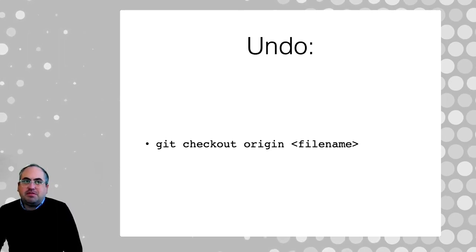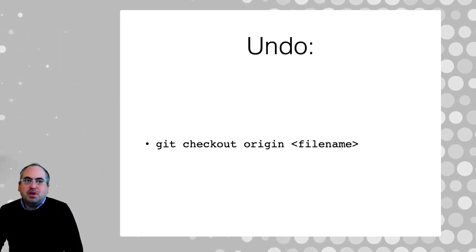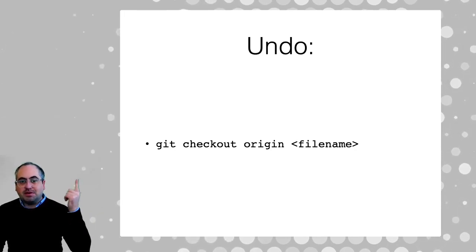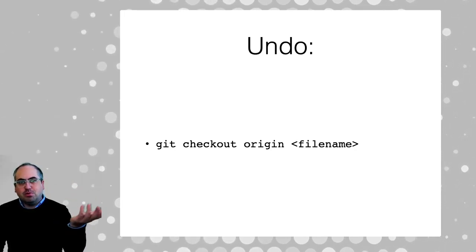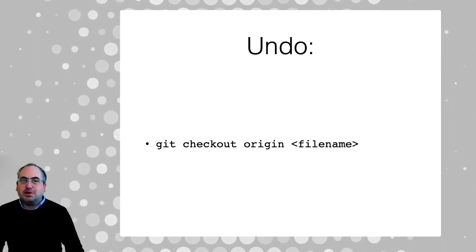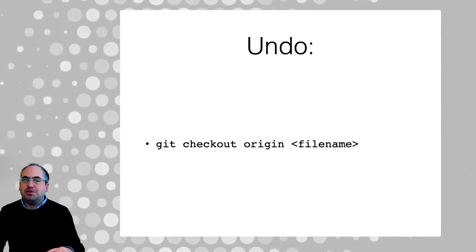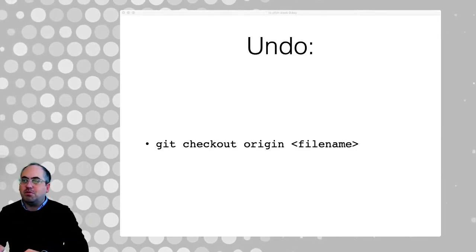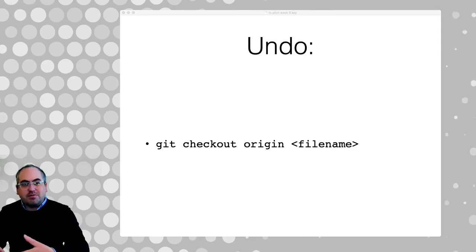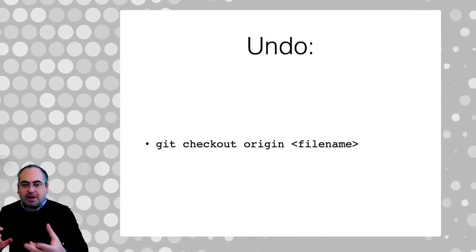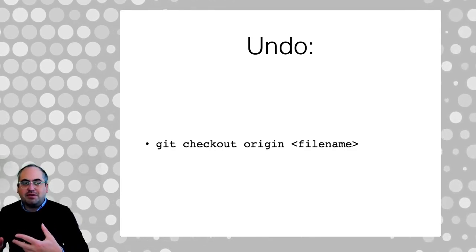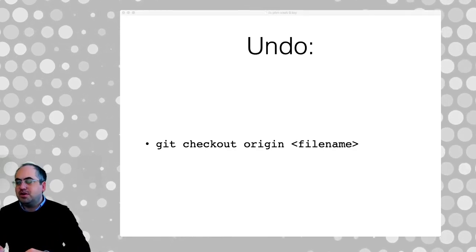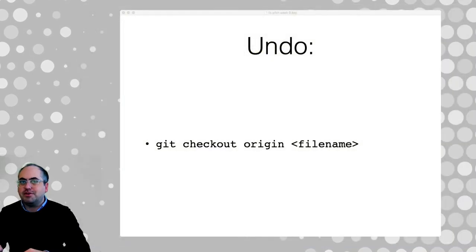If I made a mistake and wanted to revert to the version of the file that's up on the remote repository, up on GitHub, you can pull that file back down locally, and it would replace your local file with what you had last pushed up to the remote repository. So it's a nice kind of fail-safe. If you completely break something and you don't really want to figure out how to fix it, you could just pull back the last version that was a good version in the repository.